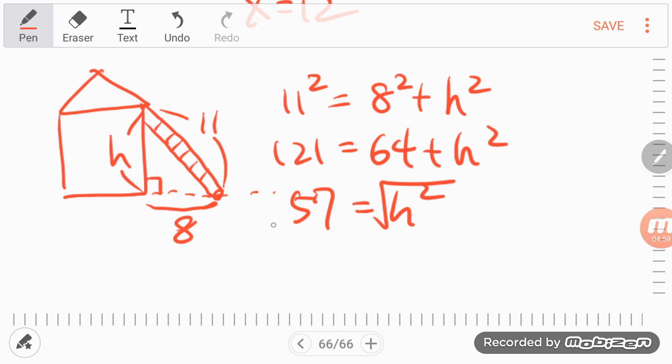I square root both sides. So my h is equal to approximately, I think on Alex they want you to round it to the nearest tenth, but just read the question carefully and see what they want. In this case, it will be approximately 7.5 meters. Not too difficult, but still, just be careful, okay?